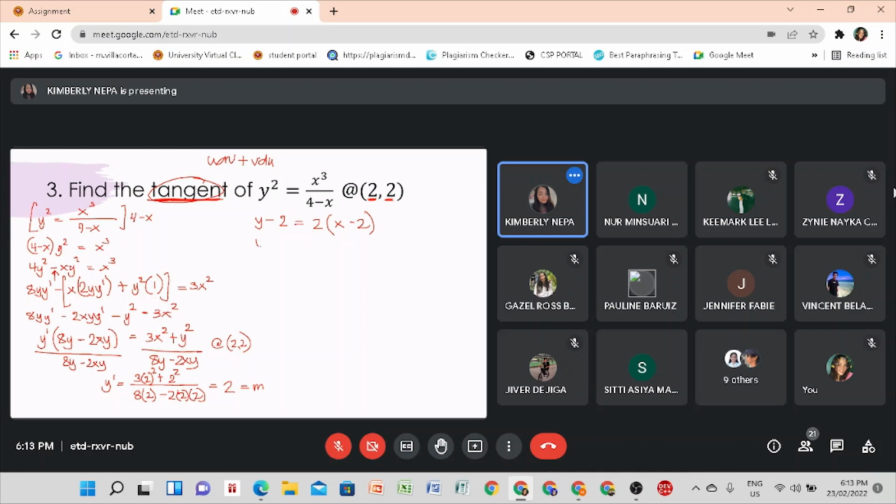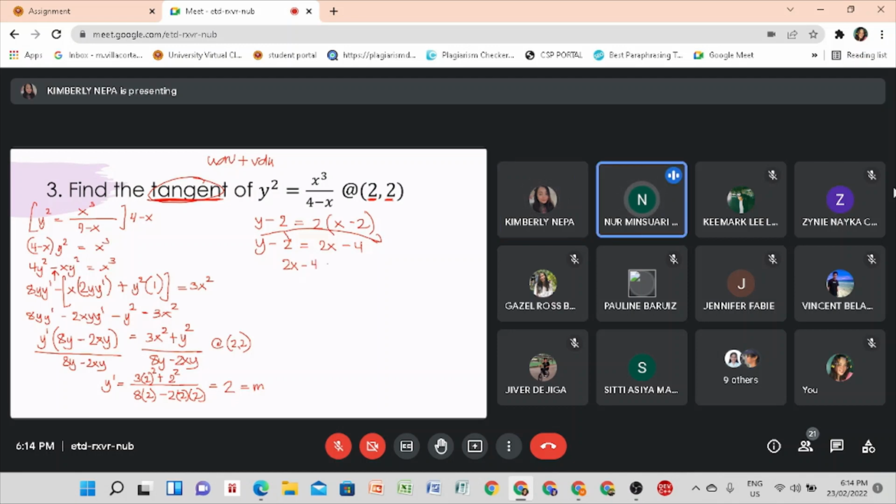Okay, so simplifying, we have 2x minus 4, right? Yes, po. Since this is positive, x is positive, we'll be moving this side to the other side. So we have 2x minus 4 minus y plus 2 is equal to 0, correct?